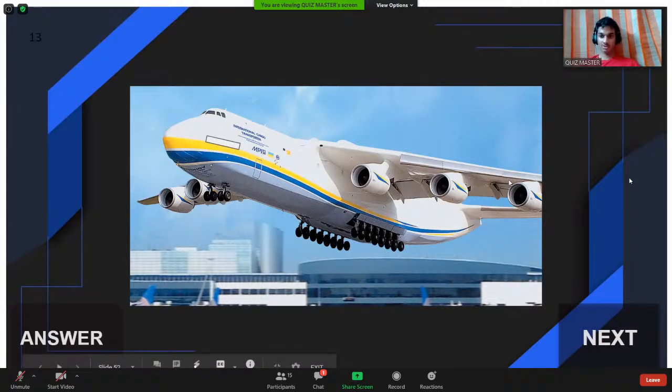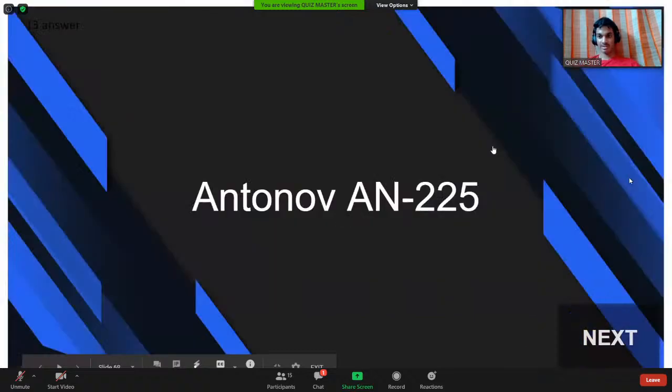Team 5 pounced. Team 6 pounced. Team 1 pounced. Team 2 pounced. Okay, so all of you pounced, so I'll give you 5 points for that. It's the Antonov 225 that we commonly call it. So plus 15 points to team 5, team 3, team 6, and team 1.